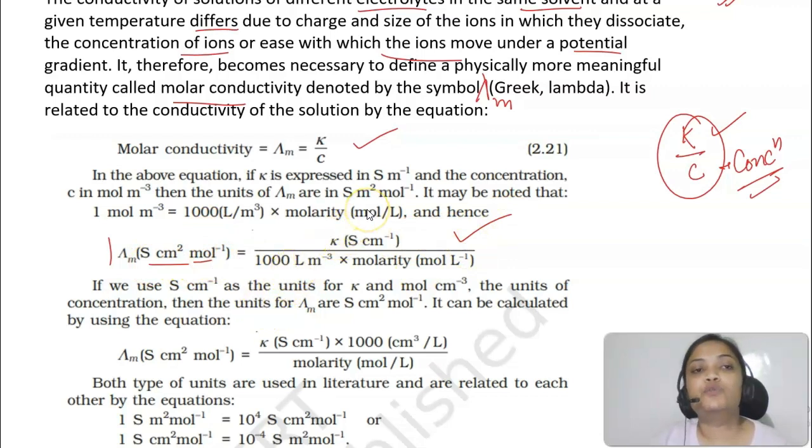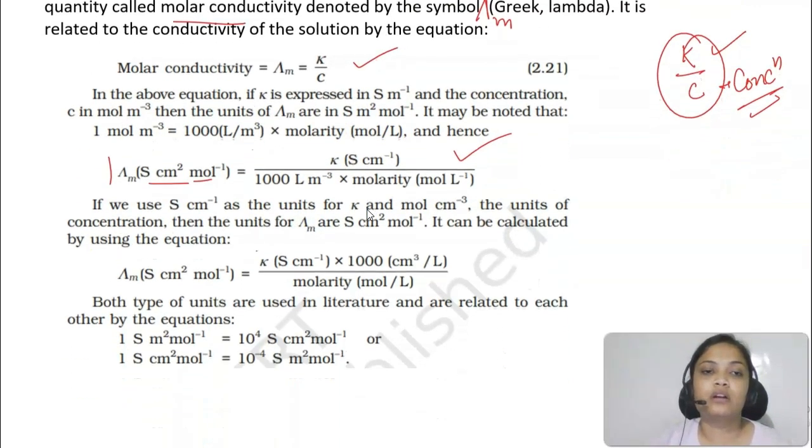All right, so you need to know the difference between the conductivity and the molar conductivity. If we are using Siemens per centimeter, then the unit would be Siemens centimeter square per mole. So Siemens meter square per mole and Siemens centimeter square per mole can be the units.